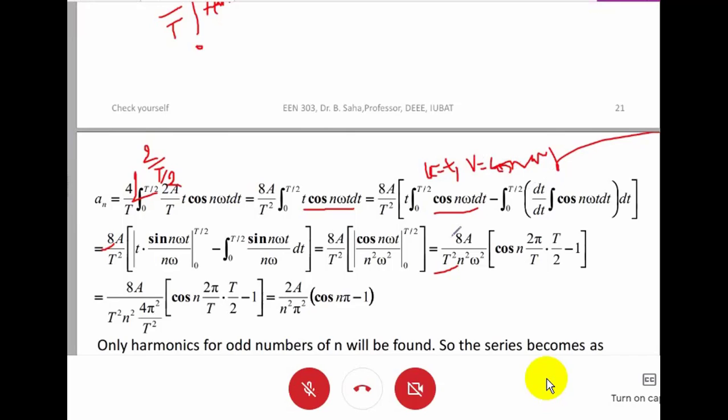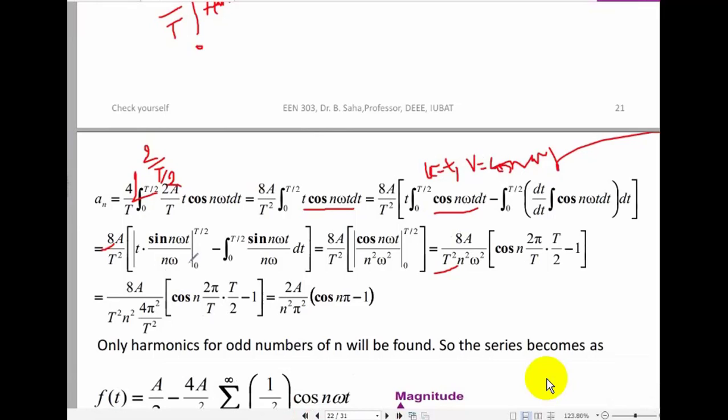So you apply it, then do the integration and put in the limits. Finally, you will get twice A divided by n square pi square.